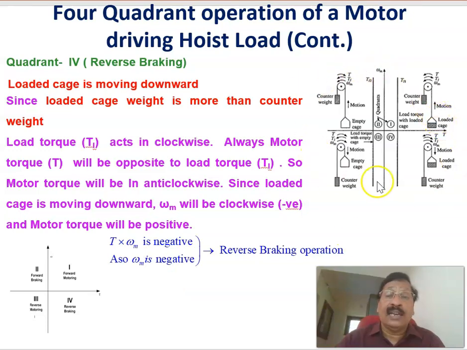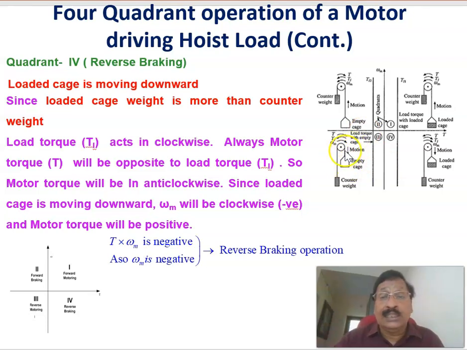Therefore, when we consider a hoist or lift, the movement of the lift involves all four quadrants of operation. When a loaded cage is moving upward, it is the first quadrant of operation. When an unloaded cage is moving from the lower level to the upper level, it is forward regeneration.